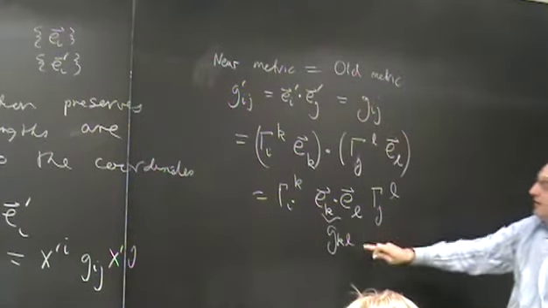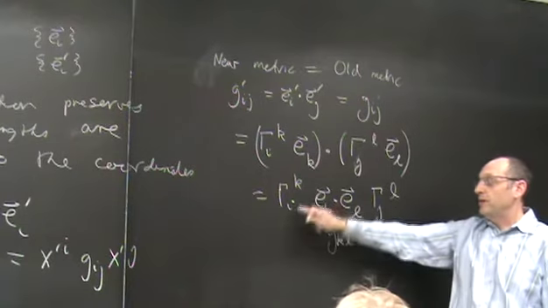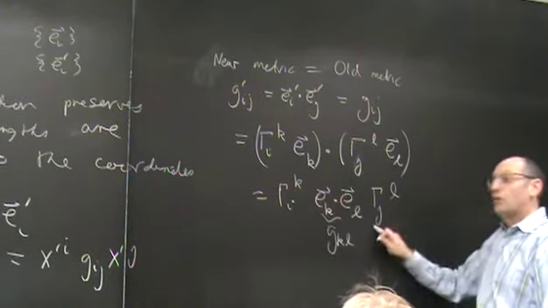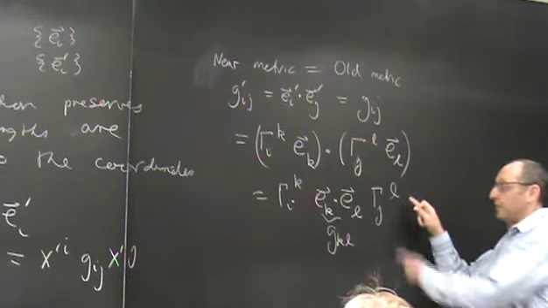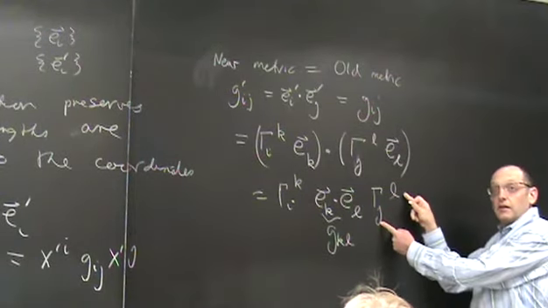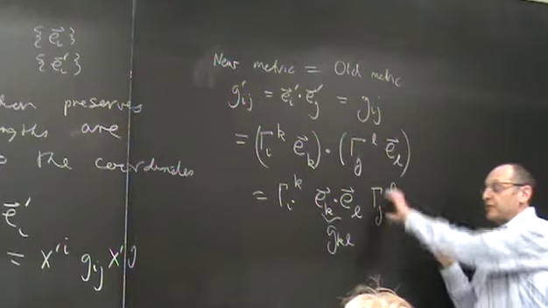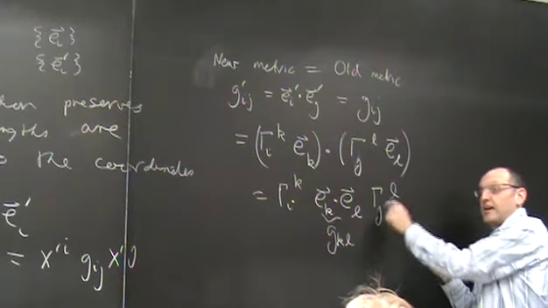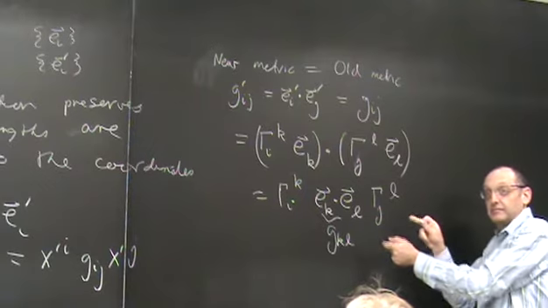a matrix, notice this was row column. We're summing over l. In order to do this as matrix multiplication, I have to take the transpose so that I sum a row with a column.